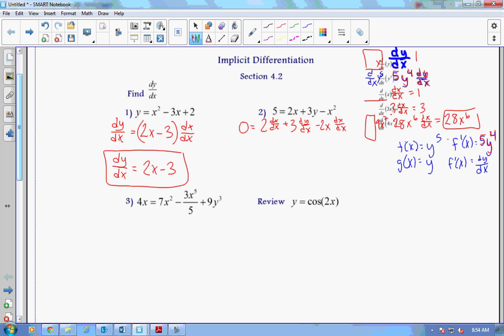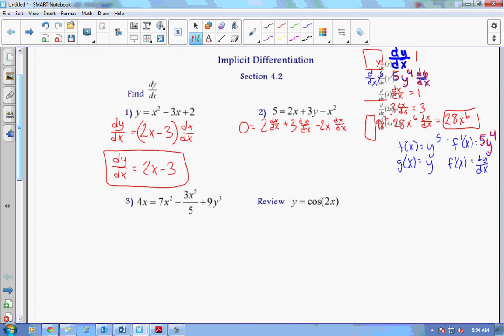Any questions so far? What determines whether it's dx dx or dy dx is what variable you're taking the derivative of. It doesn't matter if we're finding dy dx or just d over dx. We'll always use the variable that you're taking the derivative of.